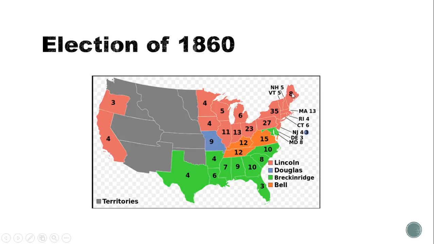Lincoln won all of these northern states. All of these southern states go to this dude. Douglas just won Missouri, poor buddy, and then we have Bell. So, not ideal, right? This shows the separation between northern and southern states on slavery and other ideas.